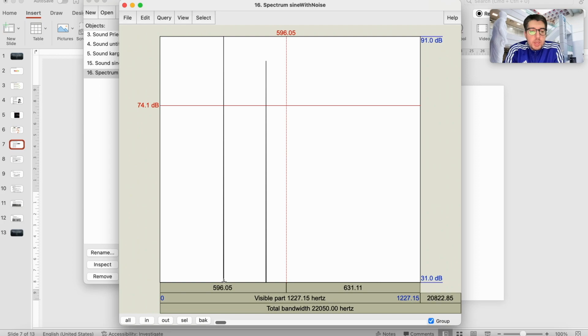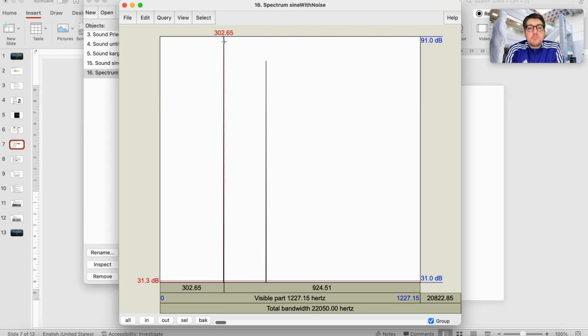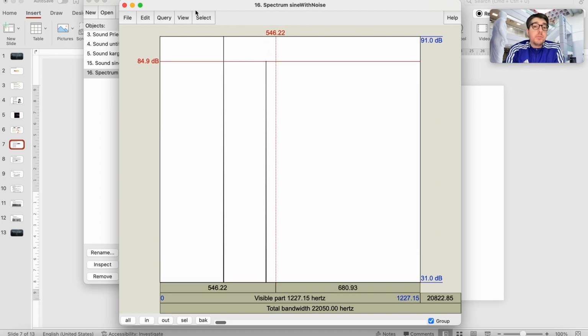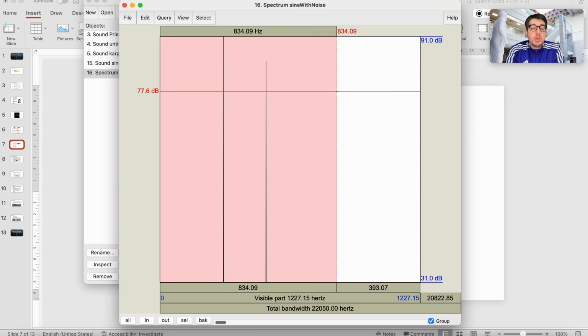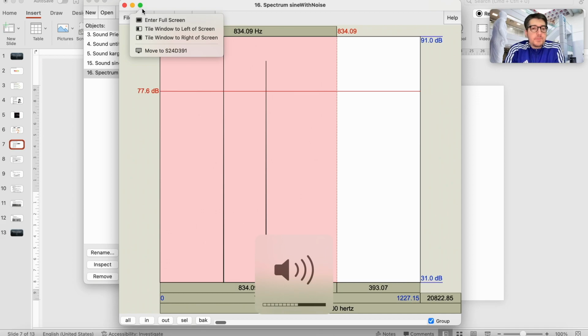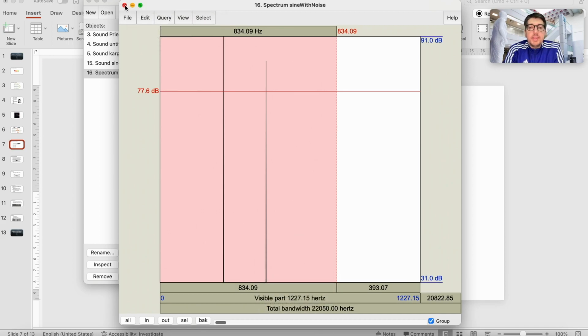The first wave is at 300 hertz, and the maximum amplitude, 1. The second wave is at 500 hertz and a lower amplitude, 0.5. And these are the 2 waves that make up this one big wave. All right, so we got that covered.